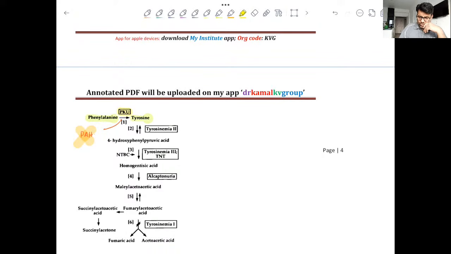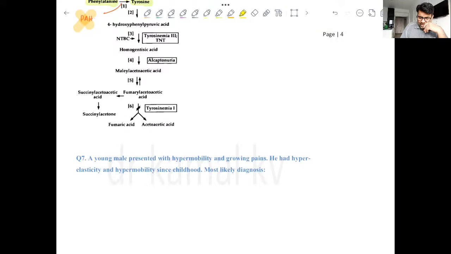Clear? Then moving forward, a young male has hypermobility and hyperelasticity since childhood. Now, what is this condition? This is very characteristic. The moment you have the words hypermobility, hyperelasticity, this is nothing except Ehlers-Danlos syndrome.